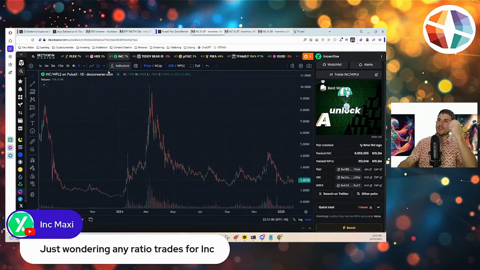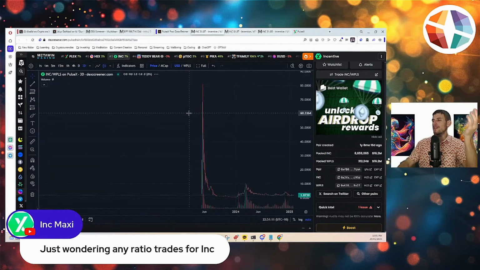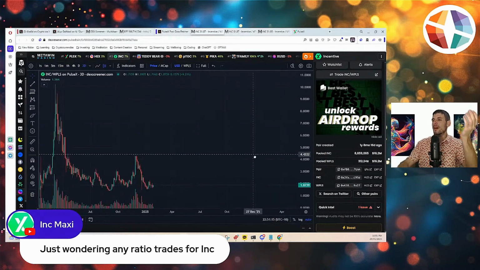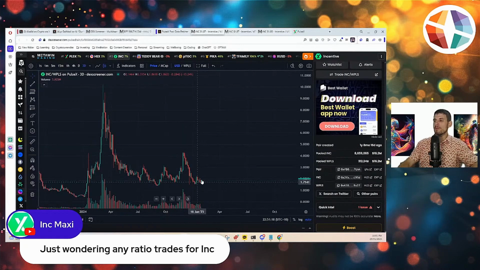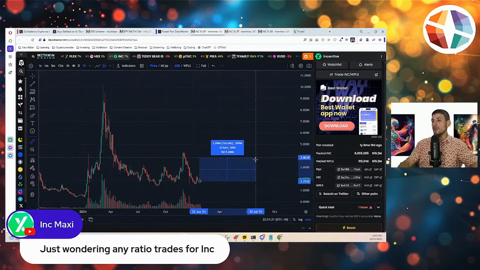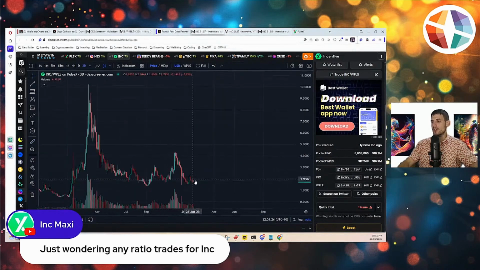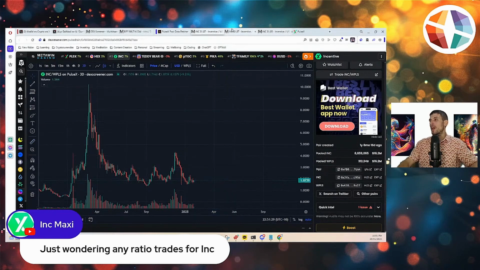The rest of these, they kind of move together. I guess maybe swapping Pulse Chain for Ink is a good play, and then you could just double it. This certainly looks like a decent little ratio, and you could just double it and then swap it back into Pulse Chain. That could be one.